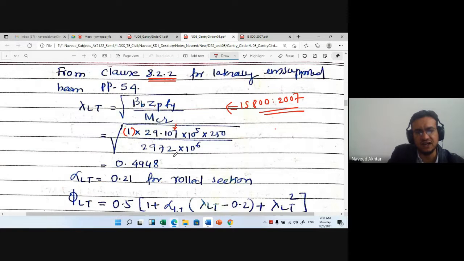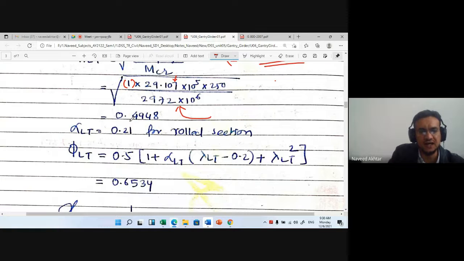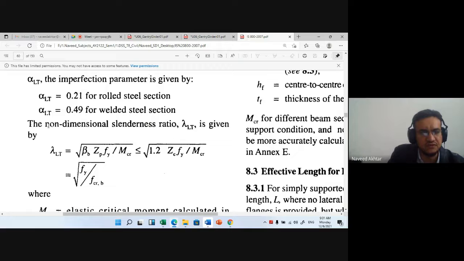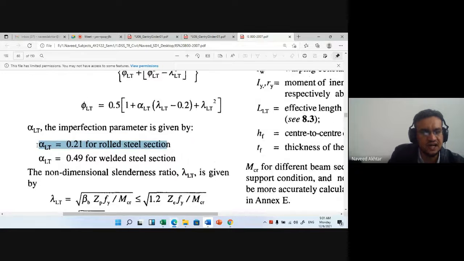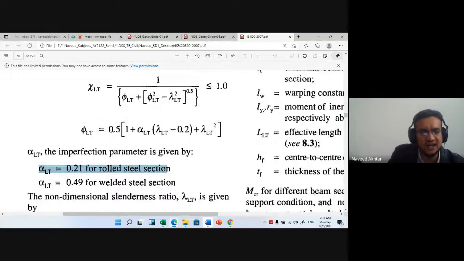Then MCR we had found earlier from page number 128 of the IS code, so that will give you the lambda LT value. And alpha LT for a rolled section is 0.21, because our I section and channel section are both rolled sections. Based on that, from this equation you can select alpha LT for the rolled section, and then phi LT you can find out.